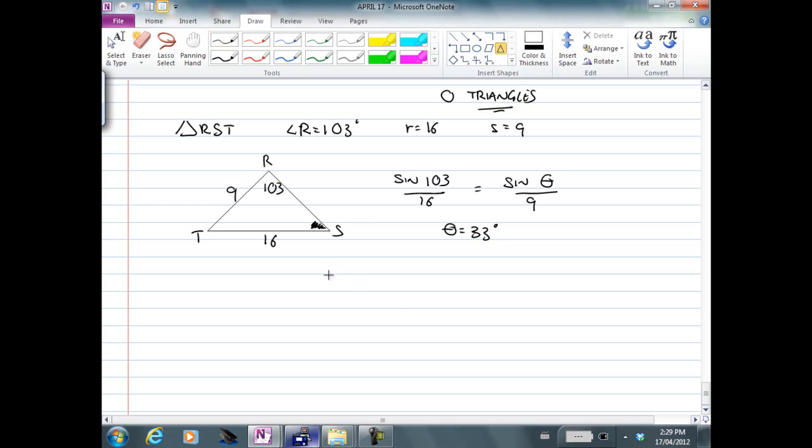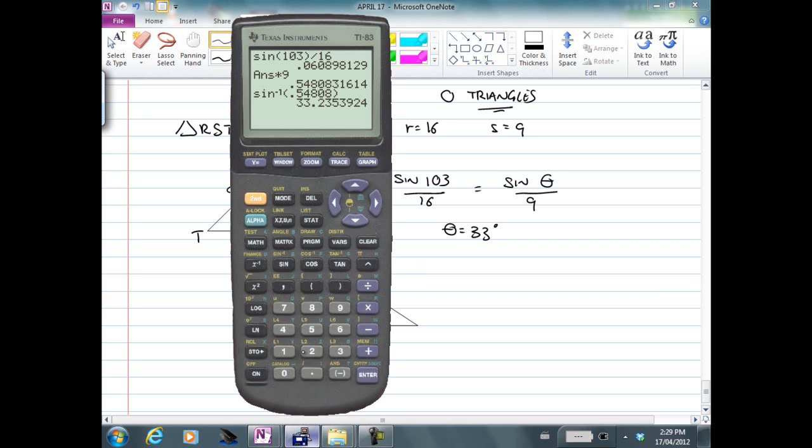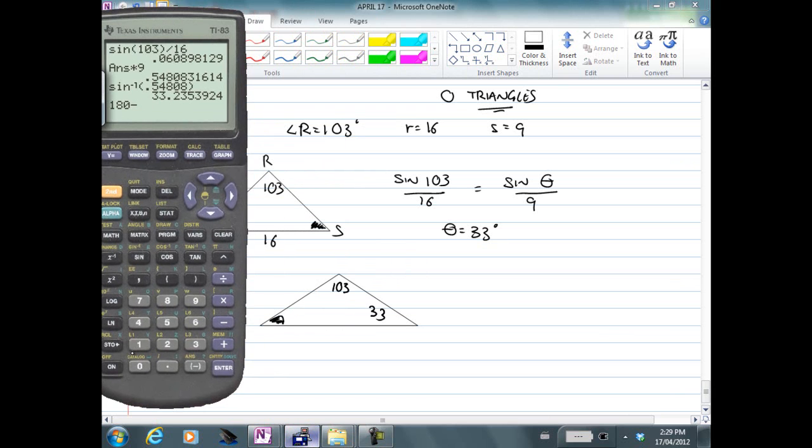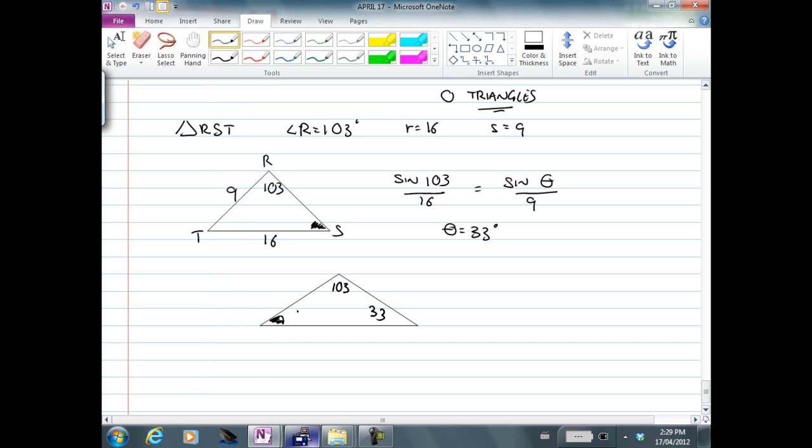Is it possible to create one triangle with 33 degrees? So you have 103 here, 33 here. Let's find another angle. If you can find that last angle, it works. So you go 180 minus 103 minus 33, 44. Here is your first triangle.